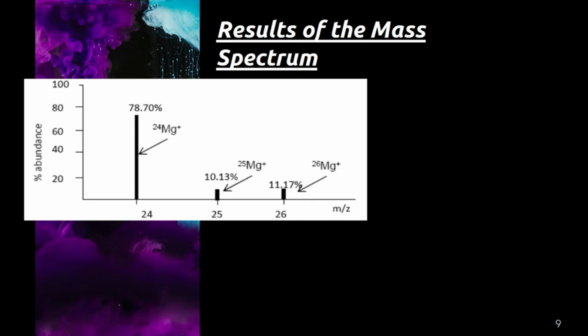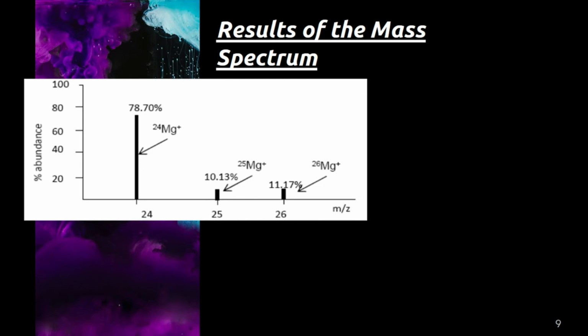So for example, we multiply 24 by 78.7, then we add 25 times 10.13, and then again we add 26 times 11.17. Since all of these are percentages, we divide the total by 100 and then we get the relative atomic mass. Usually the answer we get for the relative atomic mass should be similar to the mass to charge ratio of the signal which has the highest abundance.